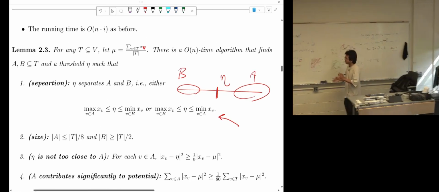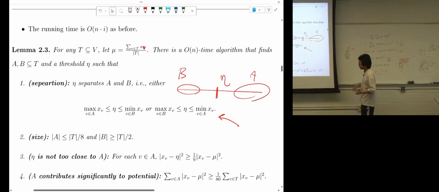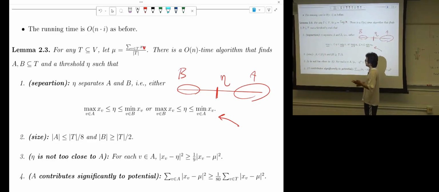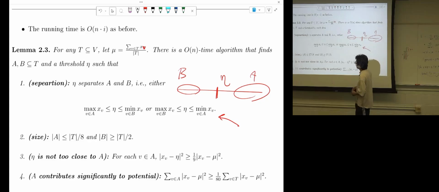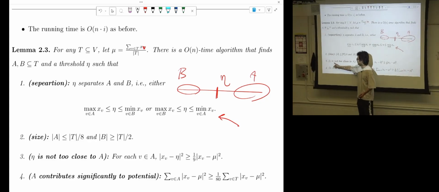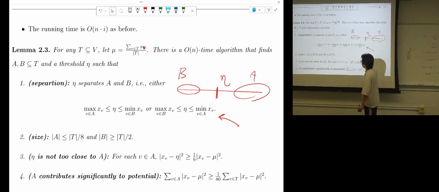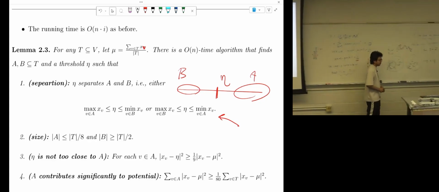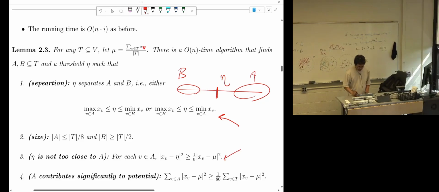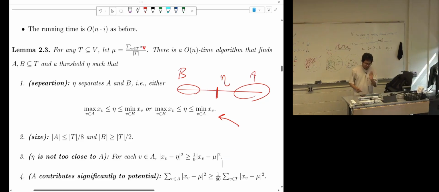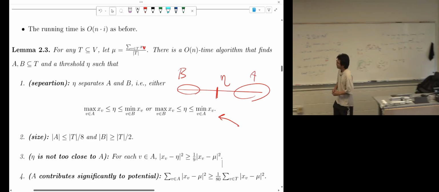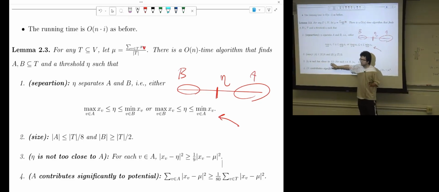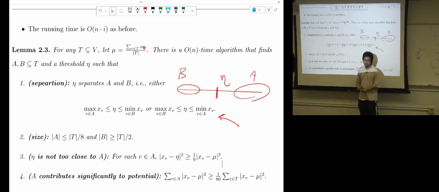Now it has these two specific technical properties that we will use, but the intuition is just that this threshold eta is not going to be too close to A. You don't need to care about this so far, forget this for now.